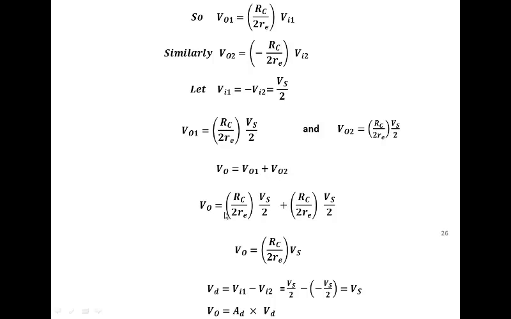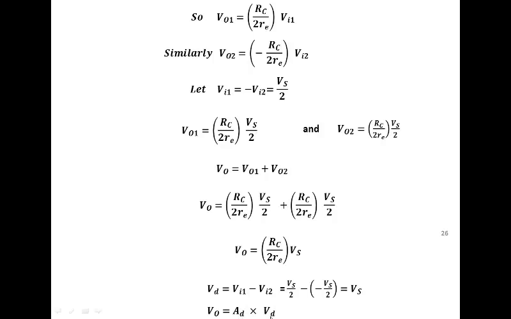So V out would be equal to the sum of these two expressions, and after simplification I will get V out equal to RC over 2 RE into Vs. If I compare this relationship, then I can write that this is the gain of the amplifier and this is the VD.